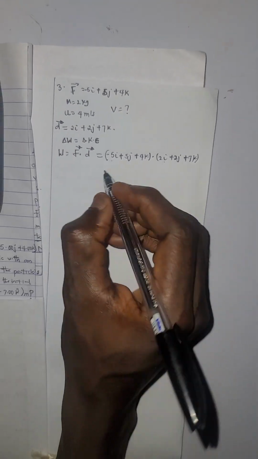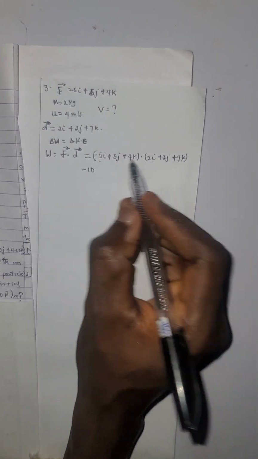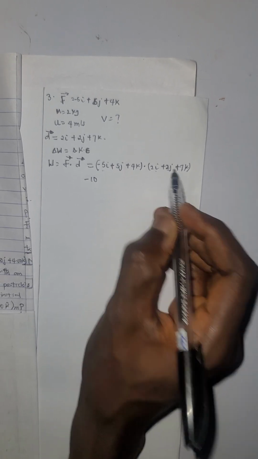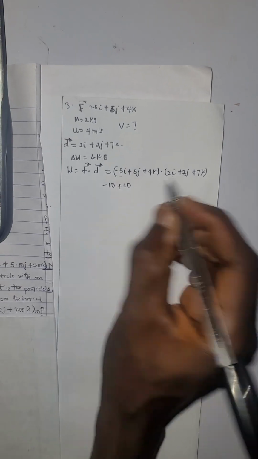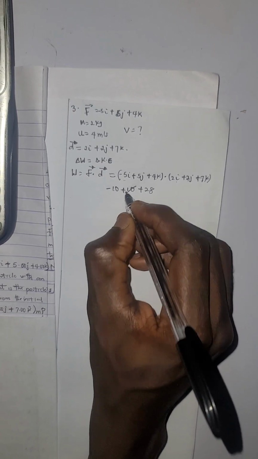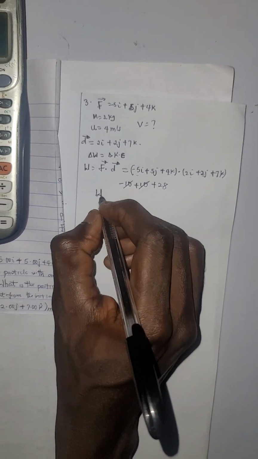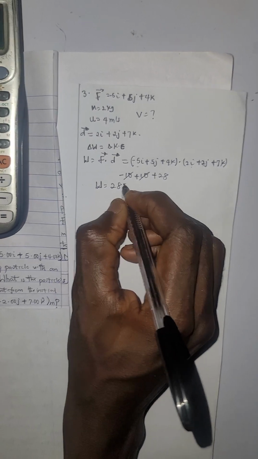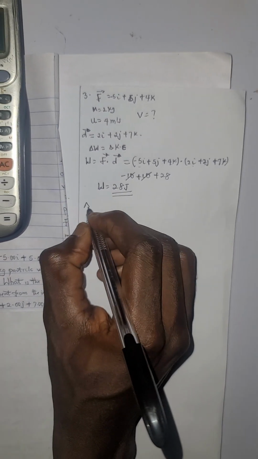So this is going to be minus 10. 5 times 2 is going to be plus 10. 4 times 7 is going to be plus 28. So our work done, W equals to what? 28 joule.